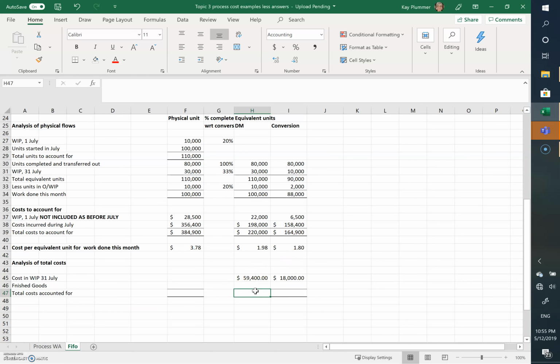So the total costs to account for was the 220 less the cost of work in process gives us the cost that must have gone to finished goods.